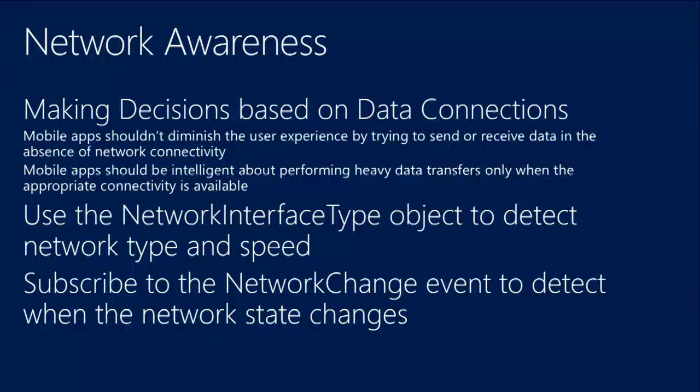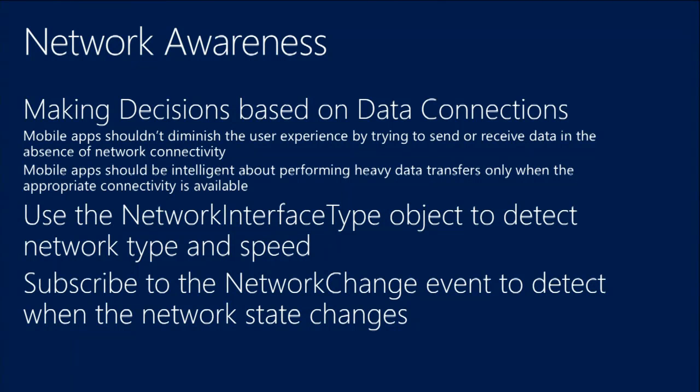So one of the things about being smart about it is, first of all, having some awareness of whether you've got a network and what kind of network you've got, because then you can actually change your UI a bit. So if you've got a heavy-duty, large data transfer you want to offer your user, to download a big load of data, it may be that if they're only on a slow network, you might want to put a message up saying you'll need to connect to Wi-Fi for this.